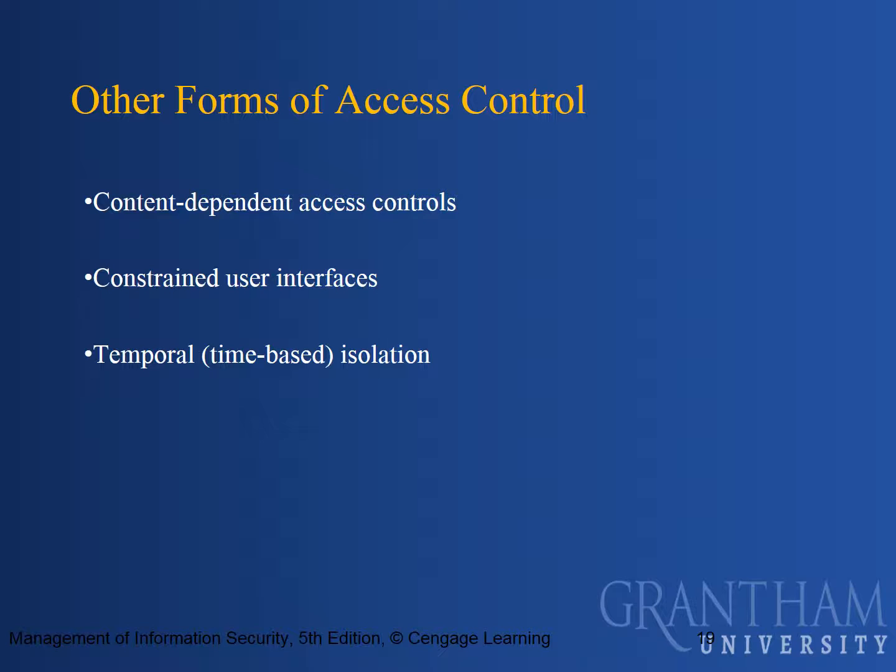You'll see this employed mostly at ATMs. And there's also temporal or time-based isolation. In some cases, access to information is limited by a time-of-day constraint. I know there's many parents out there using this for their children and their time on video games. So it's a temporal isolation.